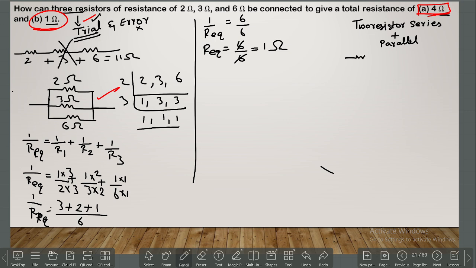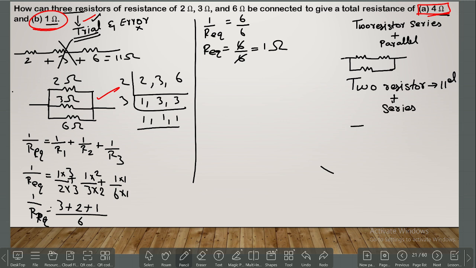Two resistors in series means end to end, along with that one resistor in parallel. Either you can try like this, or the second combination is two resistors in parallel.